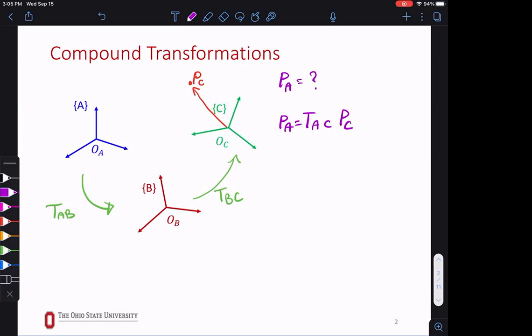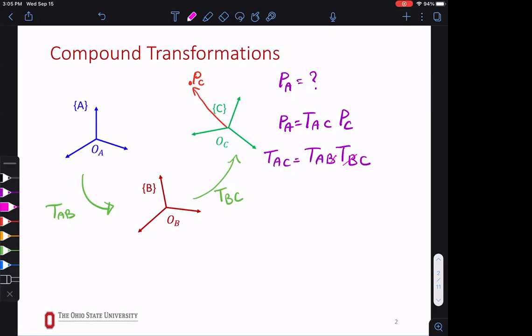All right. So now, do we know what T_AC is? Yes, what is T_AC? So T_AC is T_AB T_BC. You can always use this trick of canceling the subscript, so you make sure that that's what you have.